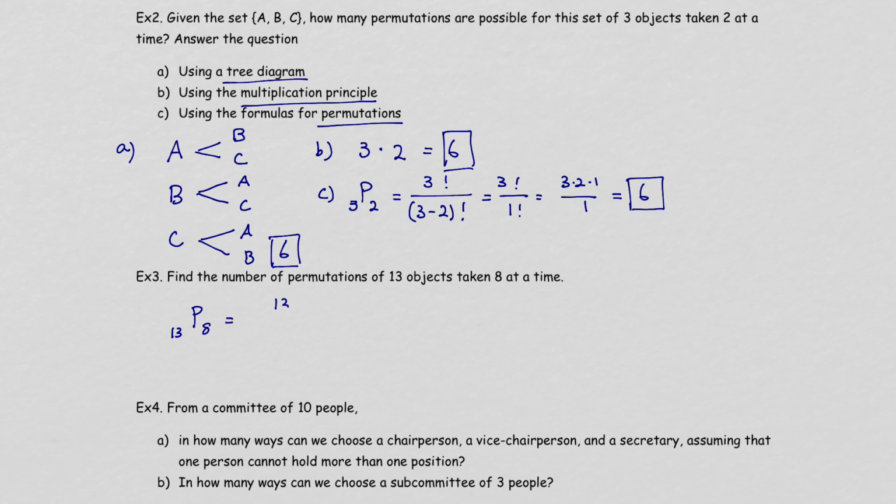So it will be 13 factorial over 13 minus 8 factorial. That gives you 13 factorial over 5 factorial. And when you plug that into the calculator, you get pretty large numbers. And that should be your options, picking 8 from 13 objects.